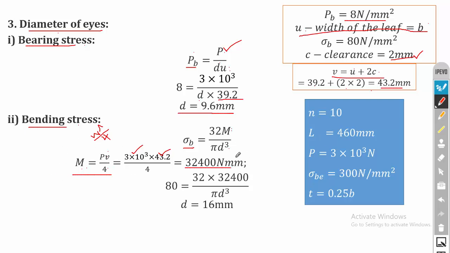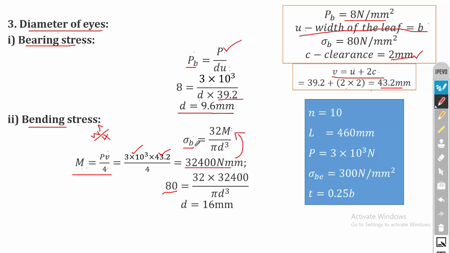Now you can substitute the bending moment value in the sigma b equation. The bending stress is not given in the problem, so we have to take some standard bending stress value for the bolt material, and I have assumed the sigma b value to be 80 Newton per mm square. This is after considering all the factor of safety values. First we have to take the material property from page number 1.9 and divide the yield value by the factor of safety.